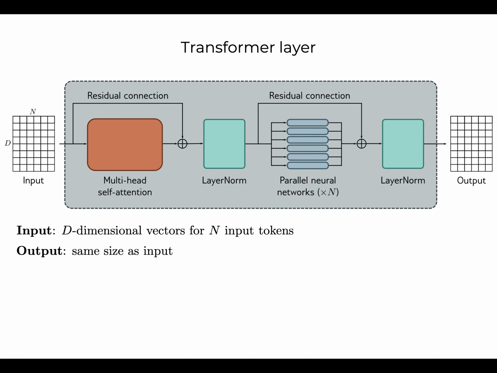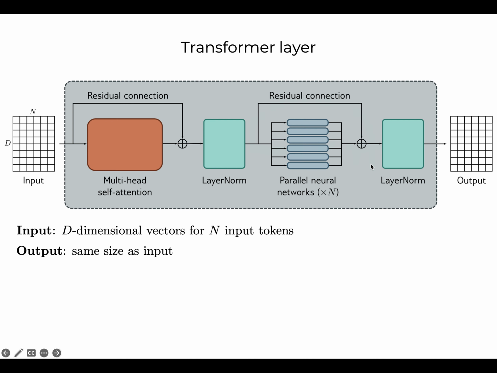So you've effectively got n sets of vectors with d channels, and you can think of each of these as being a one-by-one convolution layer that is independently applying these filters to each of the n inputs, so there's no sharing of information between them. And then again, we have a residual connection around these parallel neural networks.